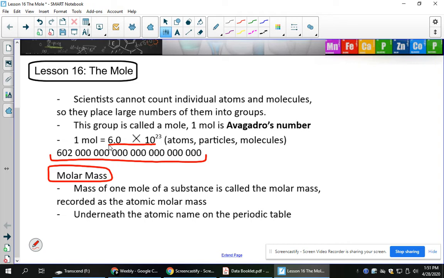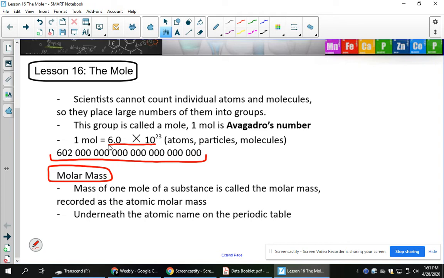But we can put a whole bunch of iron atoms together, 6.0 times 10 to the 23 to be exact, and we can measure a mole of iron atoms and we can get a more reasonable number. It's even going to be measured in grams. So it's actually going to be a lot easier to do the math if we talk about the mass of a mole instead of the mass of one molecule.